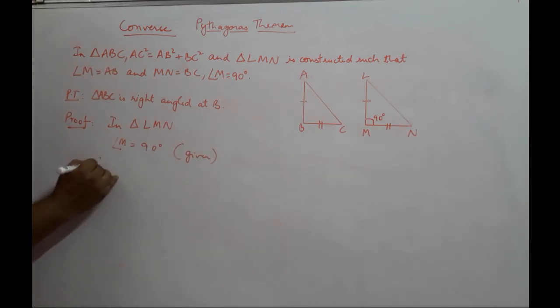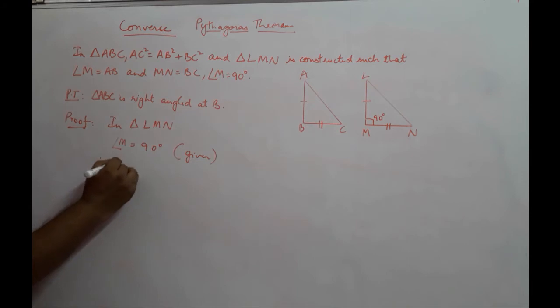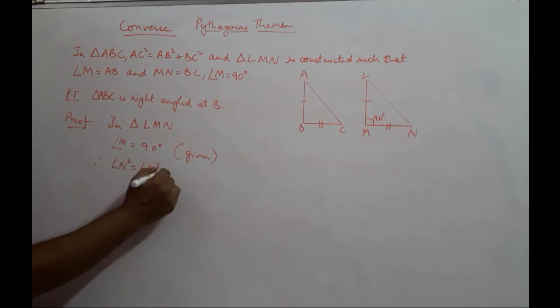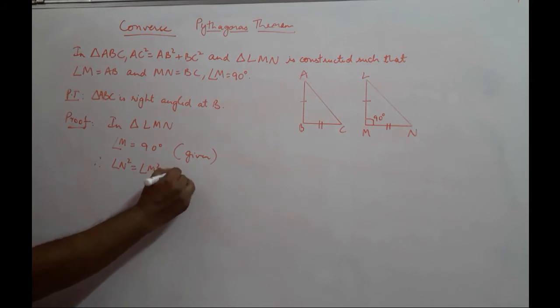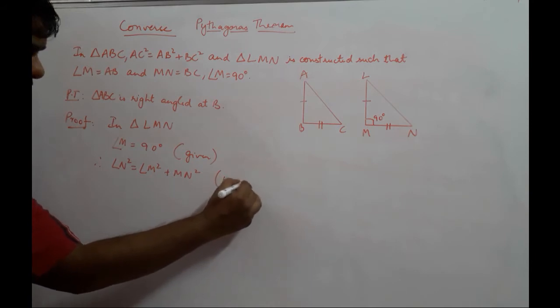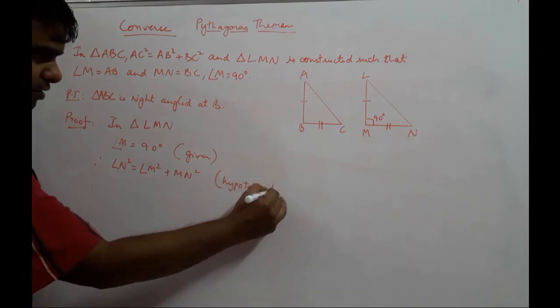Therefore we can write that LN square is equal to LM square plus MN square, and this is by the hypotenuse theorem.